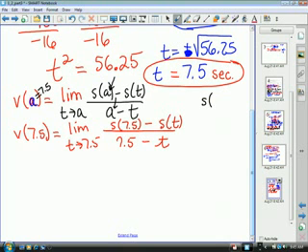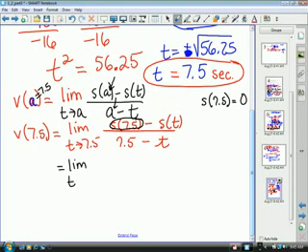What is S of 7.5? Think for a second. You shouldn't have to plug anything in. What does that represent anyway? Position. So what was the position of the coyote at 7.5 seconds? The ground, which is 0, right? So this is 0.